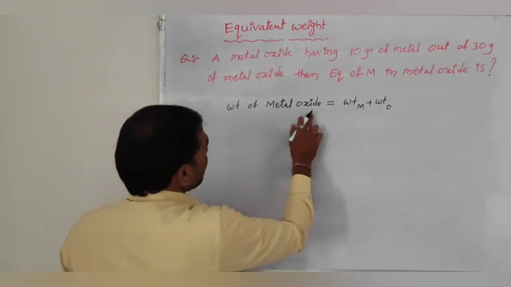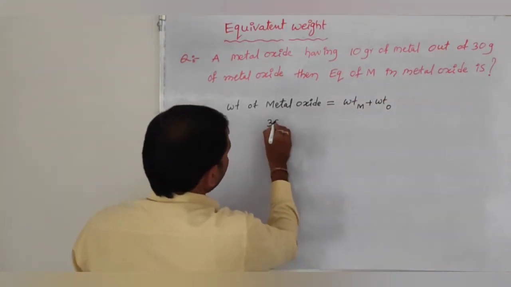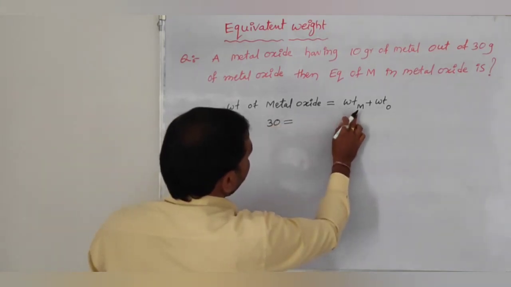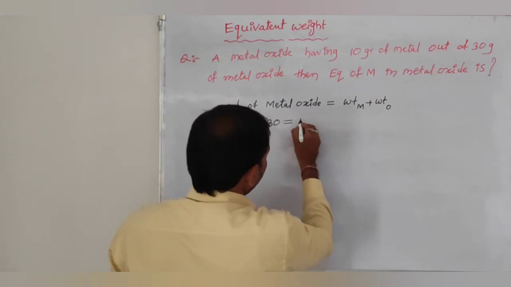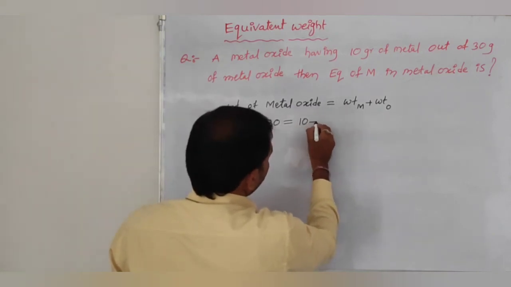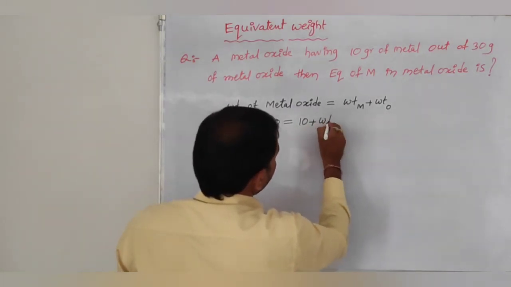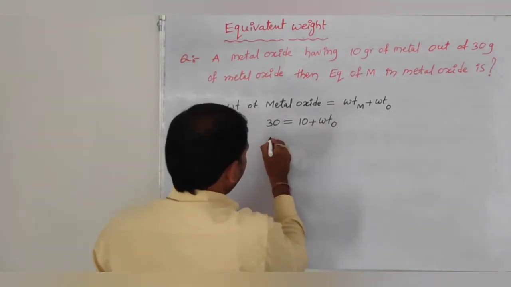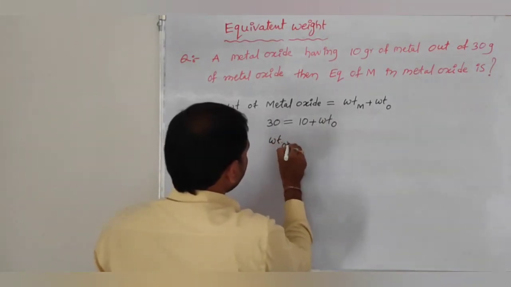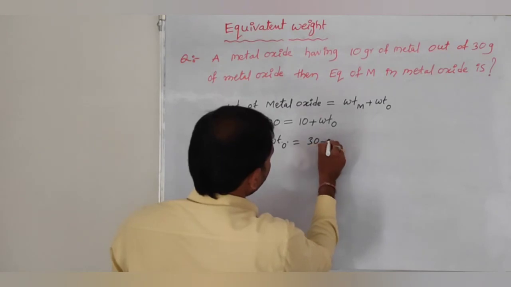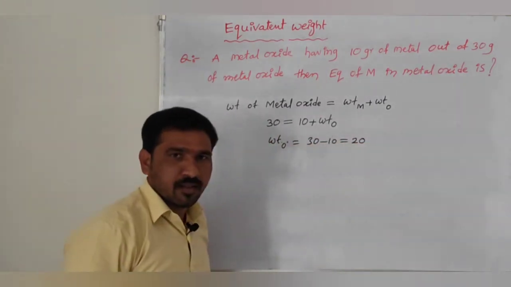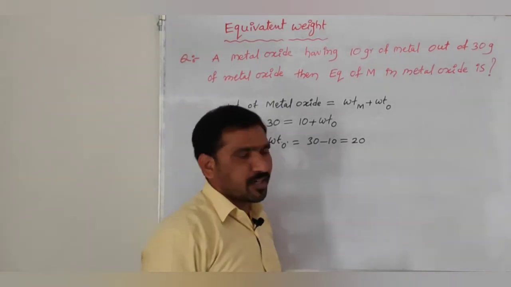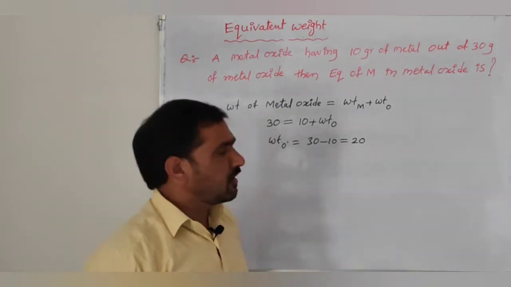Then the weight of metal oxide given, that is what, beta? 30 grams, that equals weight of metal 10 grams, that is the information given, plus weight of oxygen. Therefore, weight of oxygen is equal to 30 minus 10, that is equal to 20. By this, we will get the weight of oxygen and metal.